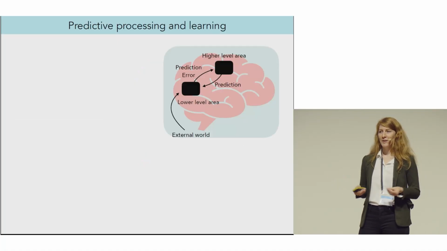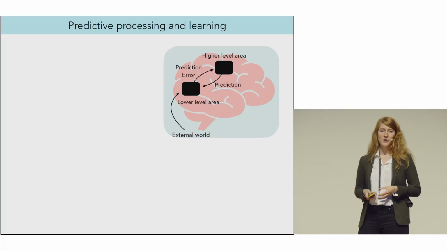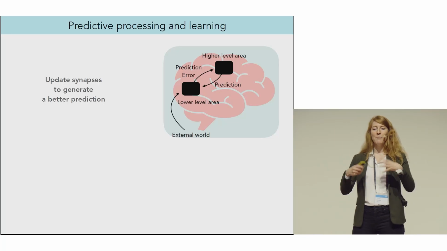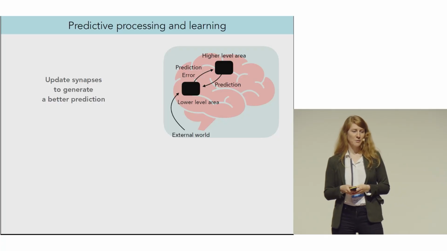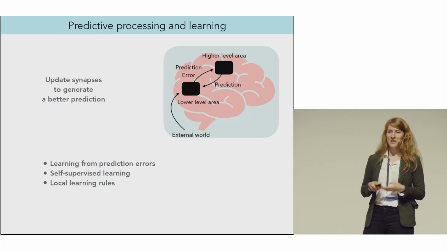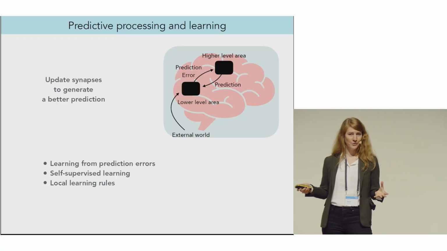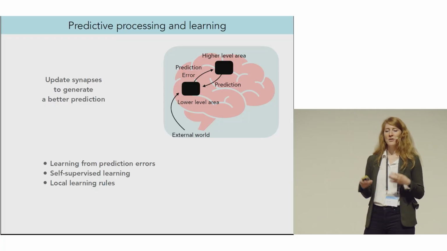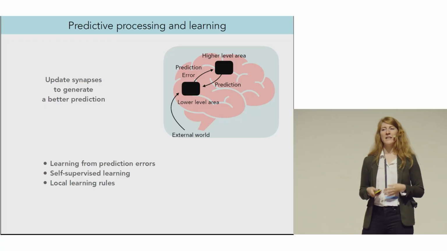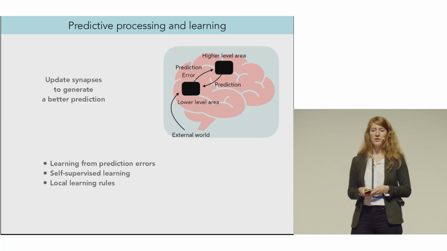So what about learning? Predictive processing is also an algorithm for learning because we can learn from the prediction errors and we can update our model to generate a better prediction based on these prediction errors. Learning from errors in general has been found fruitful in AI, for example, and also to predict the sensory input means that learning becomes self-supervised because it does not require magical targets.